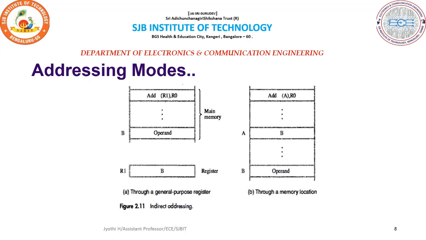Add R1, R2, and B: the operand is stored in main memory, and the content of B should be copied to register 1. This is through a general purpose register. Through a memory location, it is Add (A), R0, where A contains the address of operand B, and B is where the operand is stored. So this is through a memory location, and this is through using general purpose registers.